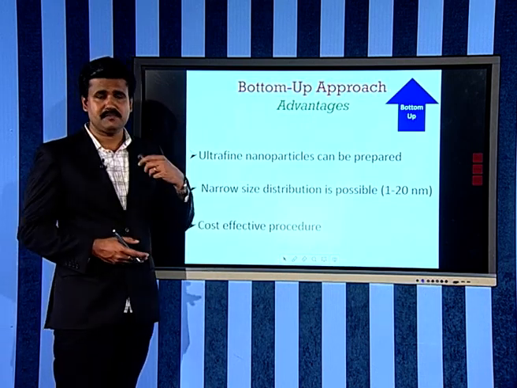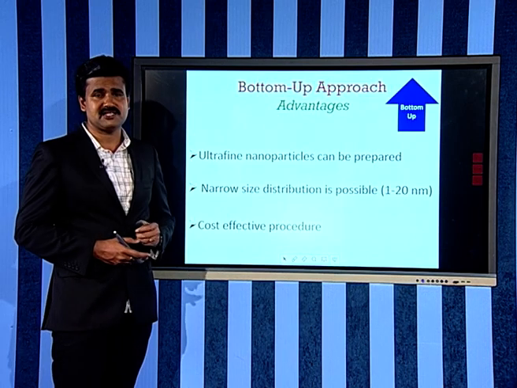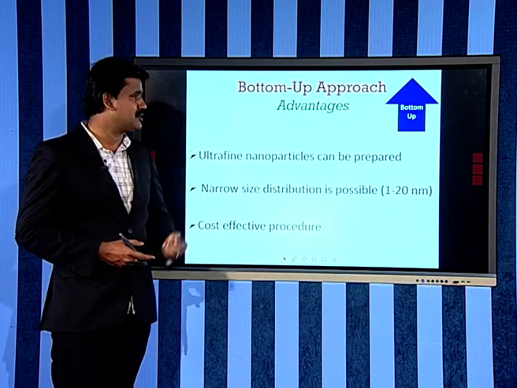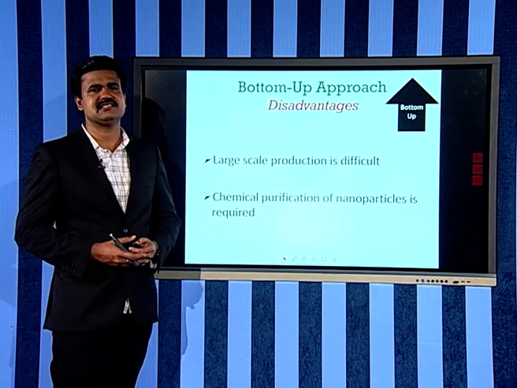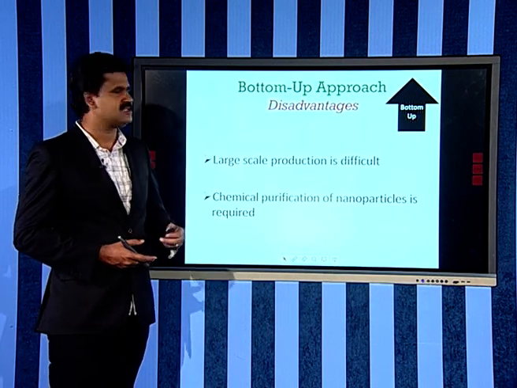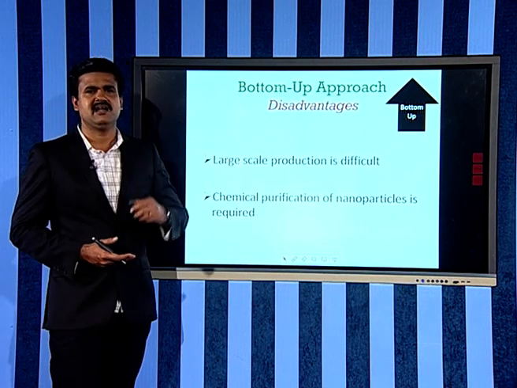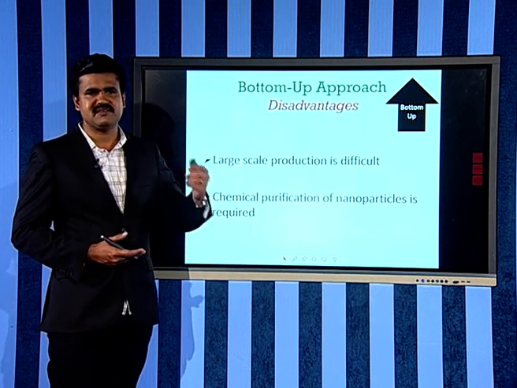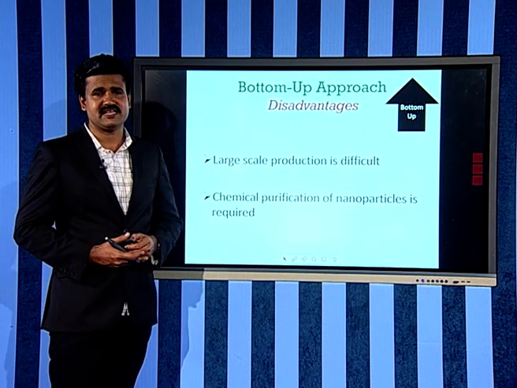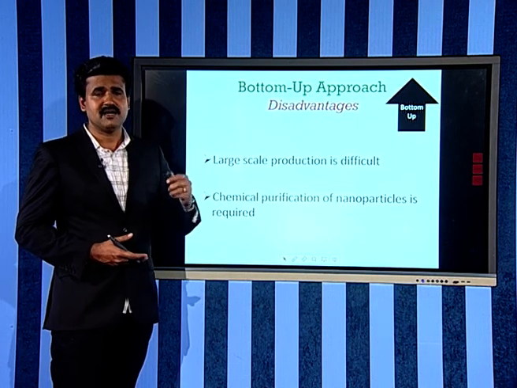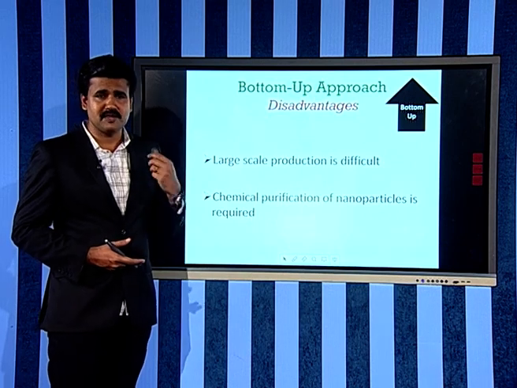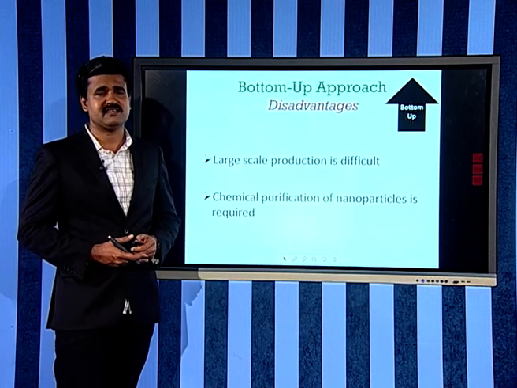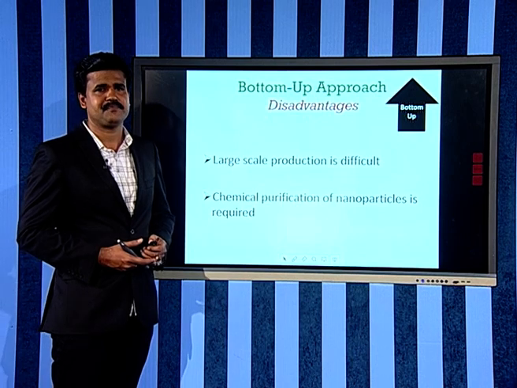This bottom-up approach is cost effective compared to top-down approach. And regarding the disadvantages, large scale production is very difficult and chemical purification is essential. But remember that in the case of top-down approach, chemical purification is not necessary.